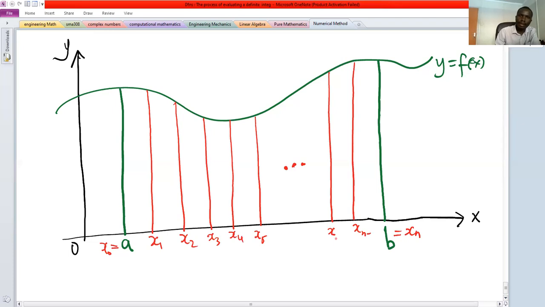Now remember, the value of the function at x naught is f of x naught, which can be noted as f naught. The value of the function at this point is f of x1, which can be written as f sub 1.